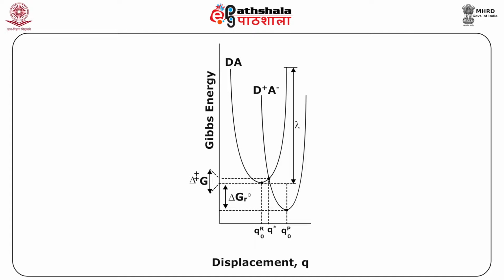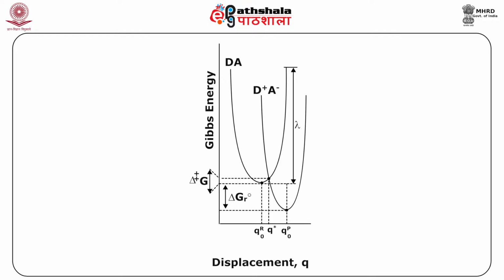Since, as per the Franck-Condon principle, the nuclei do not have time to move when the system goes from reactant to product surface due to the electron transfer, the electron transfer can take place only after thermal fluctuations carry the geometry of DA to Q star, the value of the nuclear coordinate at which the two parabolas intersect.